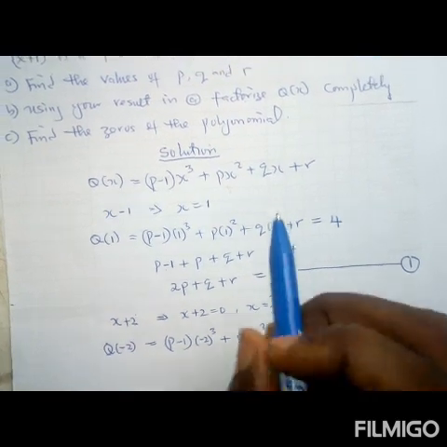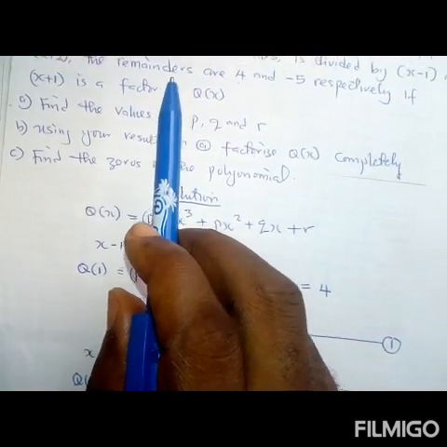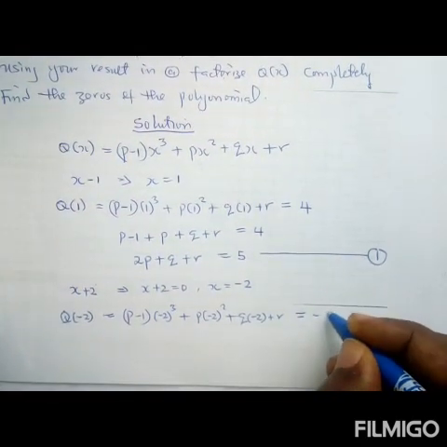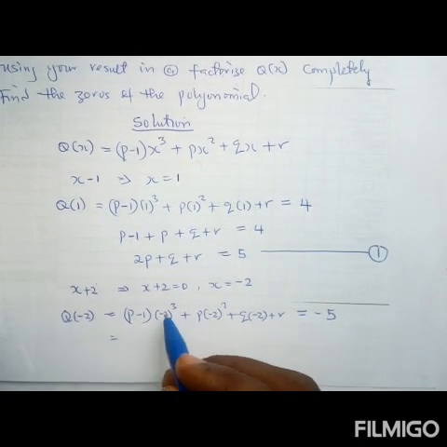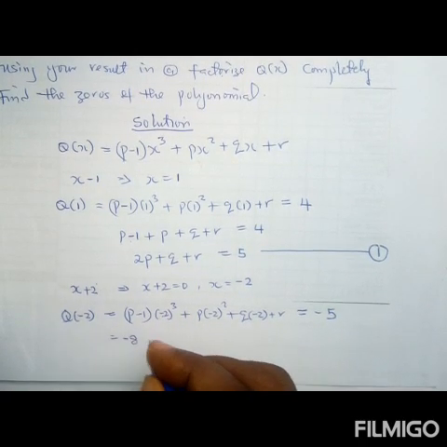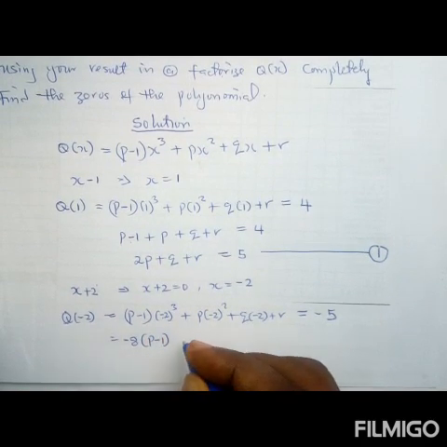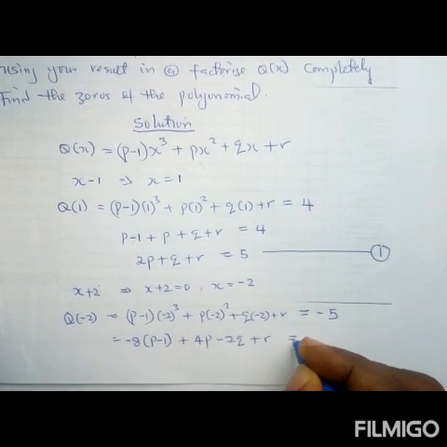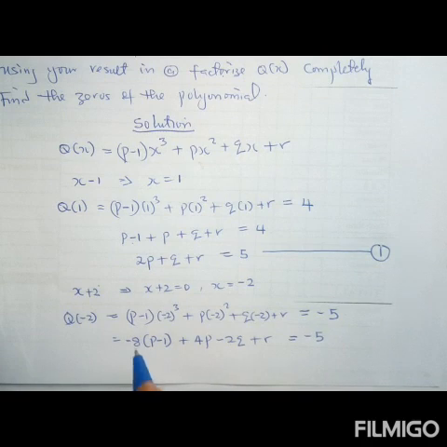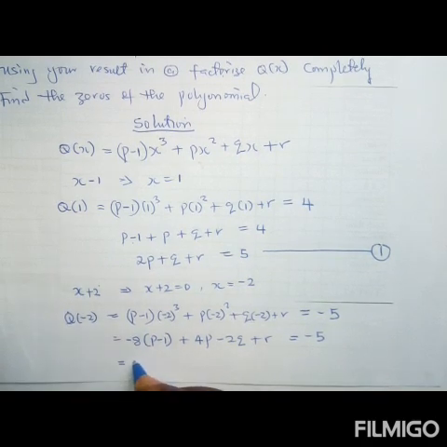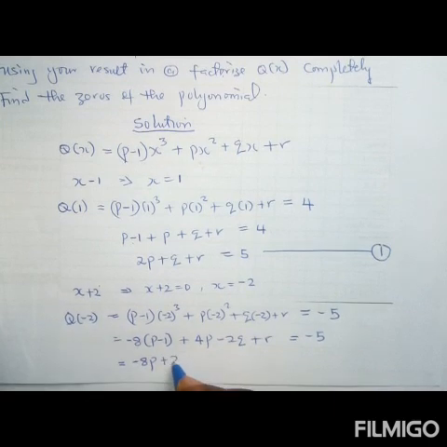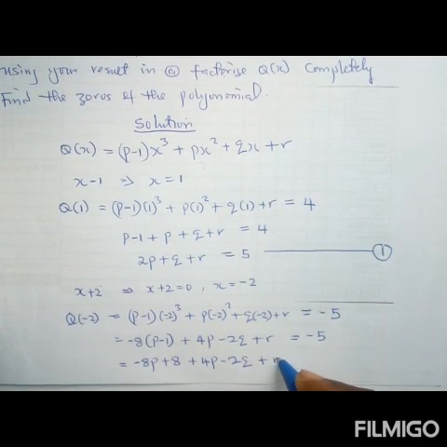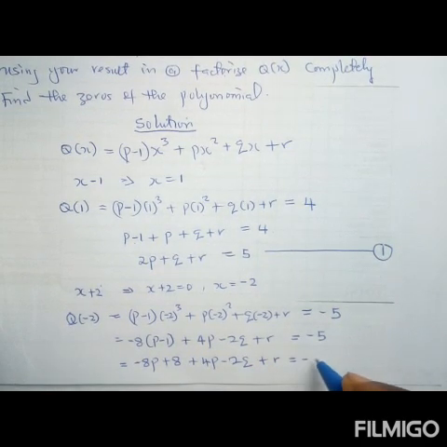The remainder is minus 5. Simplifying this will be negative 8 bracket p minus 1 plus 4p minus 2q plus r is equal to minus 5. If you open this bracket, this will be minus 8p plus 8 plus 4p minus 2q plus r is equal to minus 5.